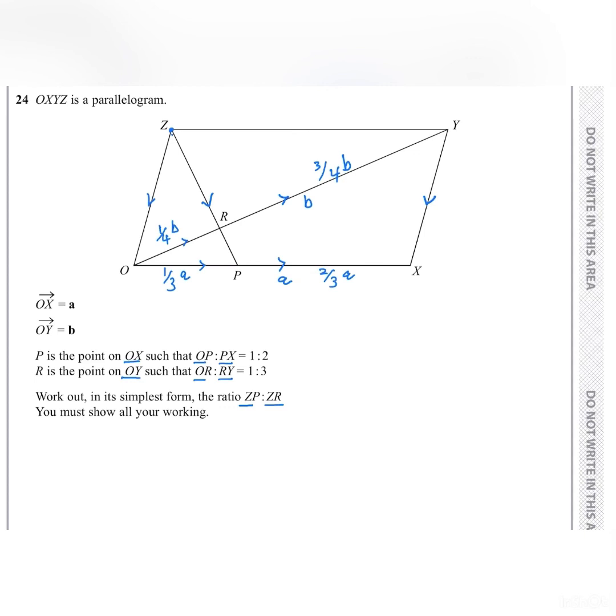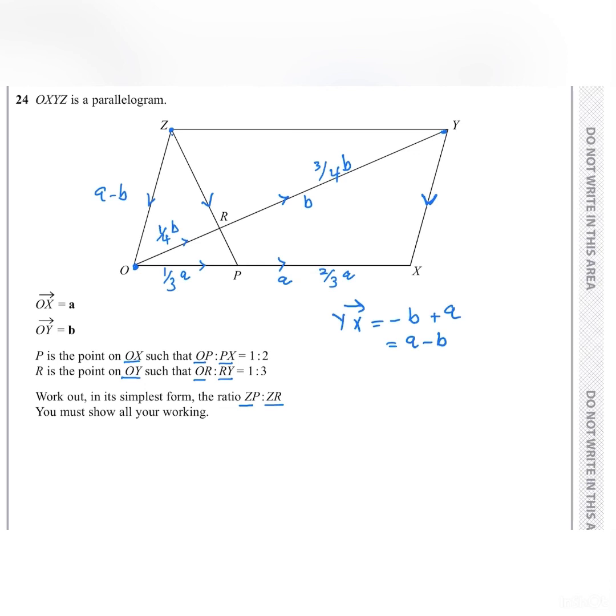So it would be whatever Y to X is. So we can find what Y to X is first. It's going from Y to O, which would be minus B, and then from O to X, that is plus A, or you can write it down as A minus B. So this is A minus B.